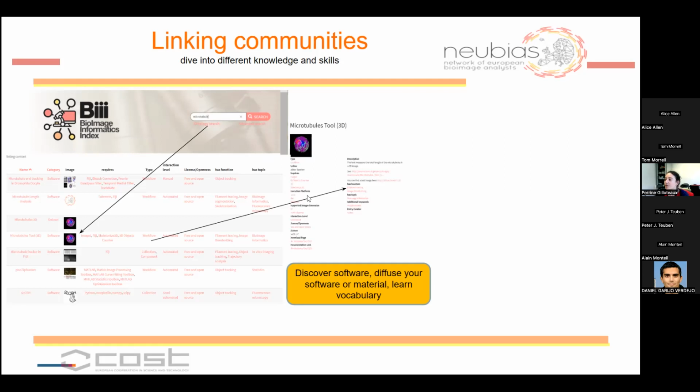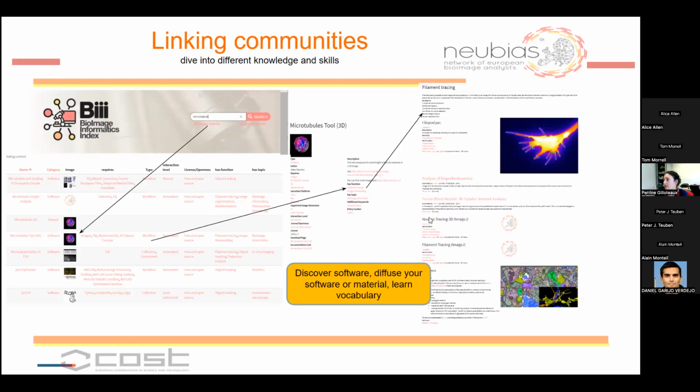And the principle is that at some point, you will see that microtubules correspond to an image processing function like filament tracing. And from this, you will be able to discover other tools, maybe not targeted at microtubules, but that could work on microtubules. Like this one, for example.